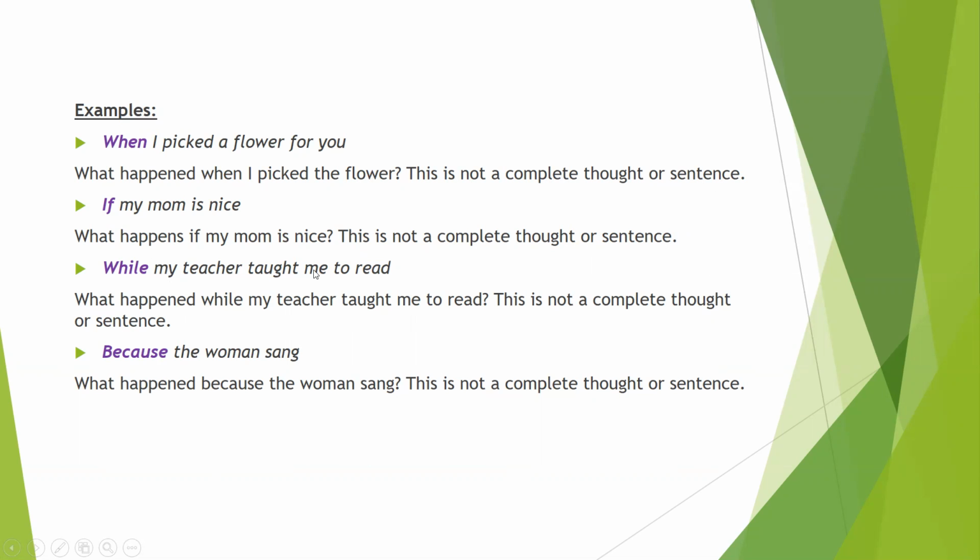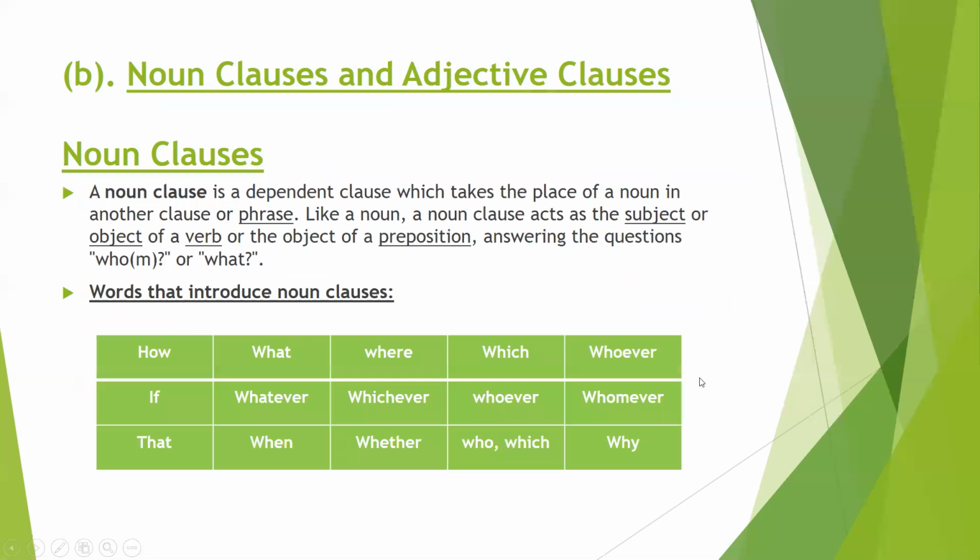While my teacher taught me to read. What happened while my teacher taught me to read? This is not a complete thought or sentence. Because the woman sang. What happened because the woman sang? This is not a complete thought or sentence.